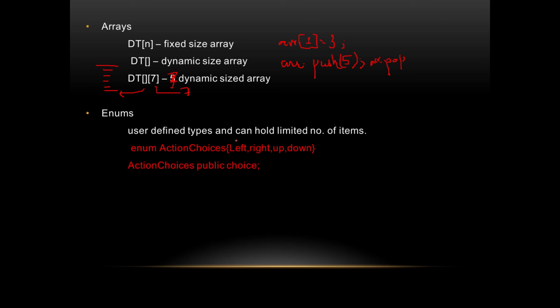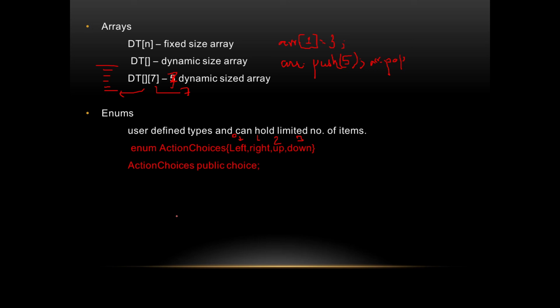Basically it is a key-value pair which is automatically generated by the compiler. So 0 will point to this place, 1 will point to this, 2 will point to this, and then 3 will point to this. So this is how it works.